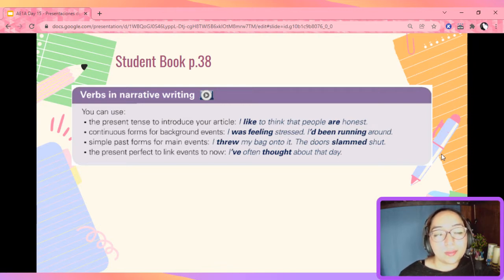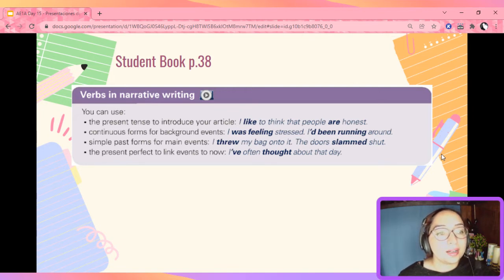They give you information about what was going on there. Now, for my main events, you will probably use simple past. "I threw my bag onto it." "The doors slammed shut." And when I want to link an event to right now, I will of course use present perfect. "I have often thought about that day."